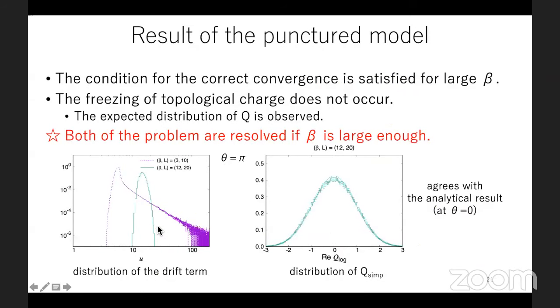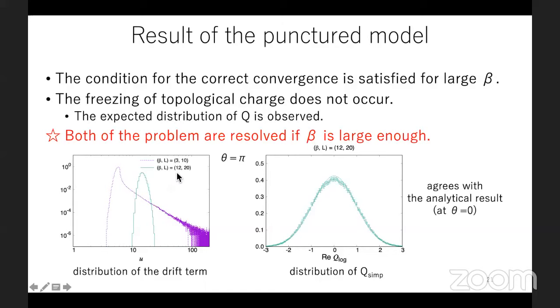So let me show the results of the punctured model analysis. We checked the drift term distribution. This is almost the same as the non-punctured model. For smaller beta, the condition of correct convergence is not satisfied.